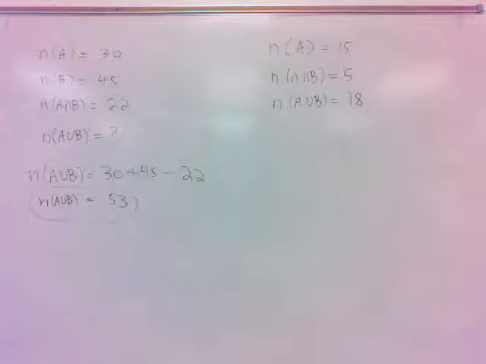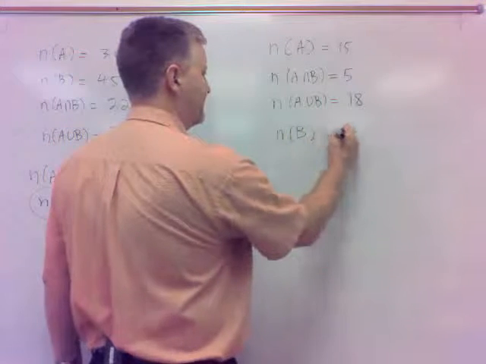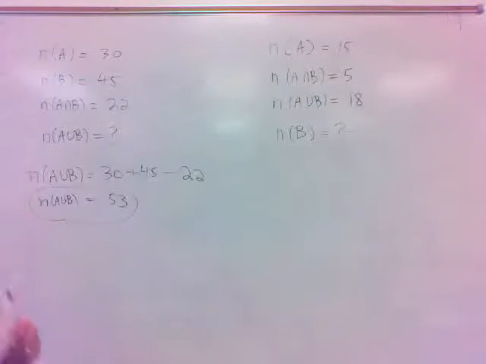Well, I already know the union. I know the intersection. The question here would be, can I figure out how many are in B? And the answer is, I can do that.